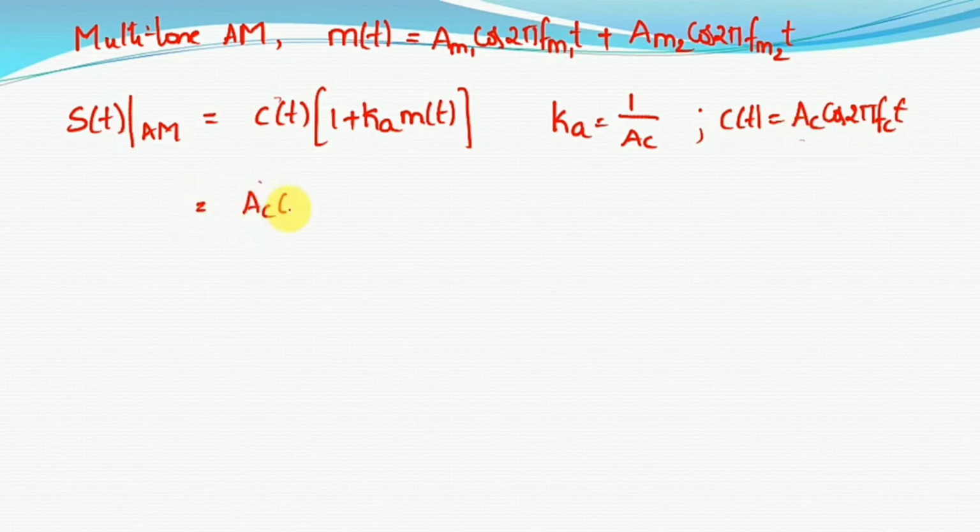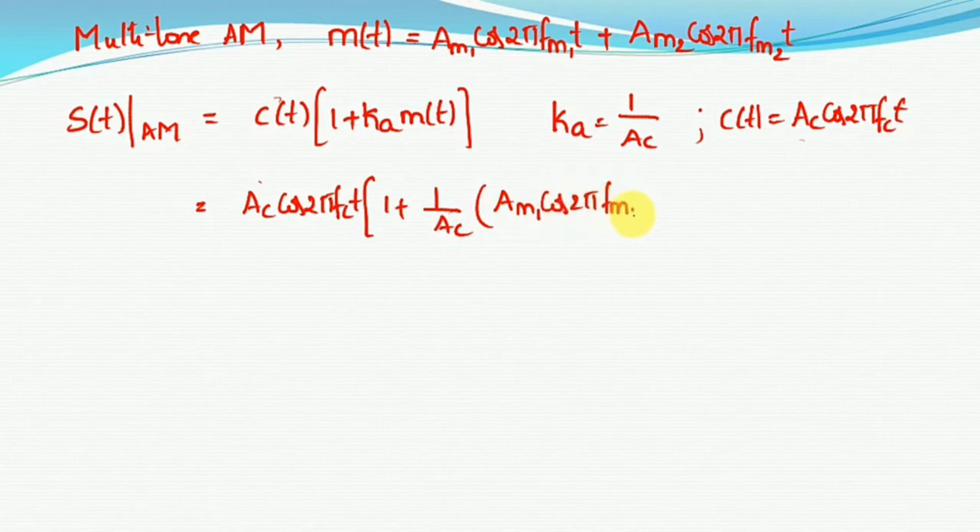Then we get Ac cos 2 pi fc t into [1 + (1 by Ac) times (Am1 cos 2 pi fm1 t plus Am2 cos 2 pi fm2 t)].